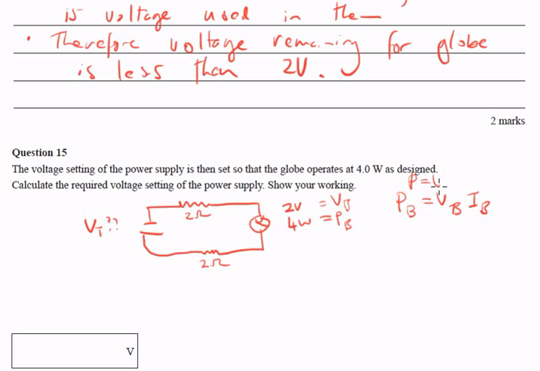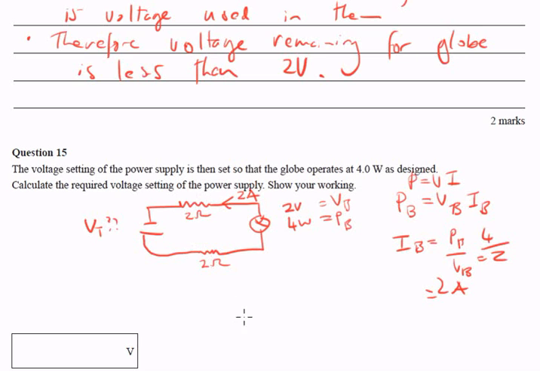P equals VI. I've just labelled it for bulb so you know what we're looking at. If you rearrange that, you get I in the bulb is power in the bulb divided by voltage in the bulb, which equals 4 watts over 2 volts, which equals 2 amps. 2 amps goes through everything now, through this whole circuit. So we've got the current at 2 amps.